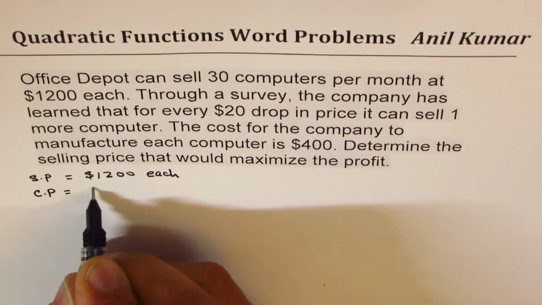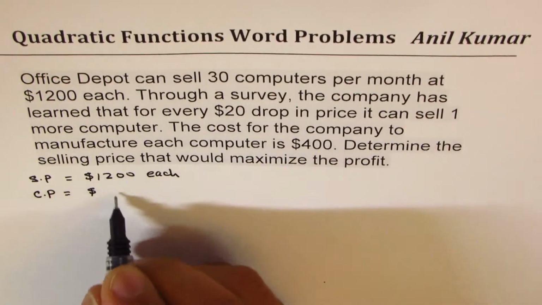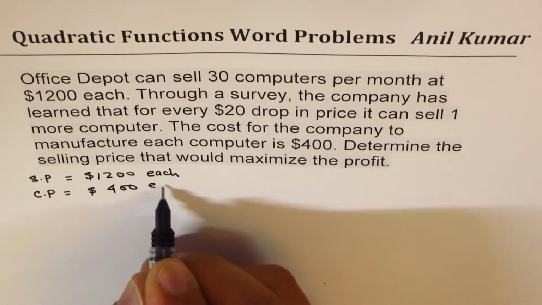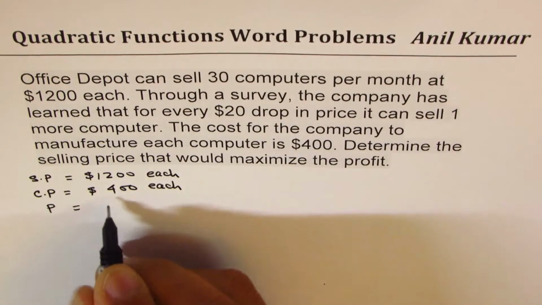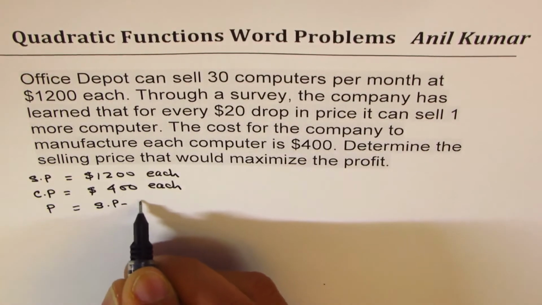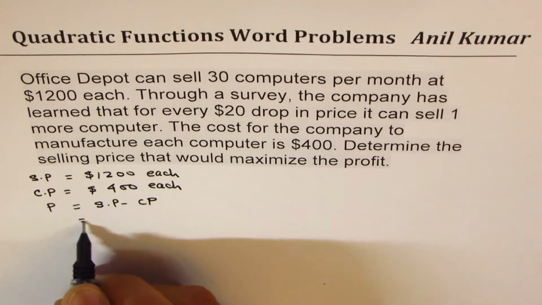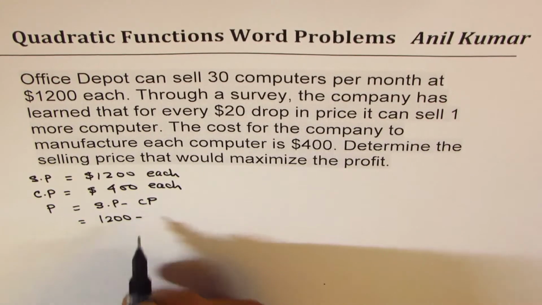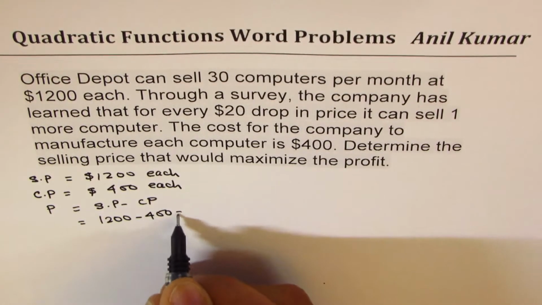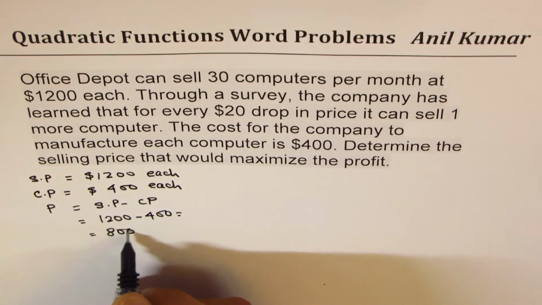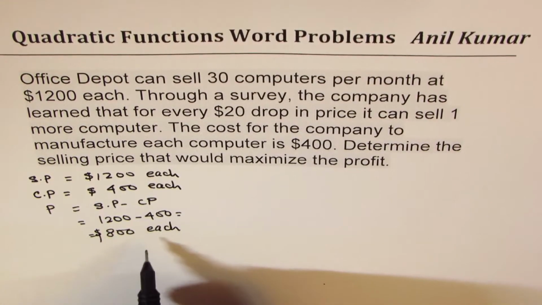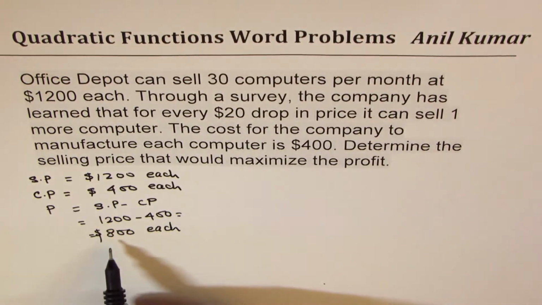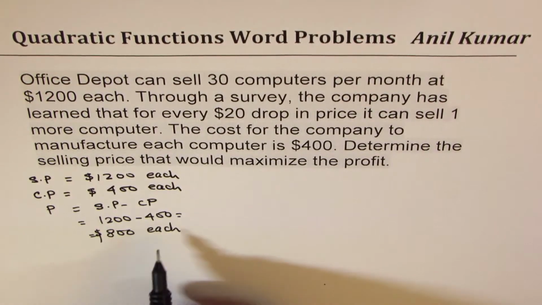And the cost price is $400 each. That means the profit P, let's say, which is selling price minus cost price, will be $1,200 minus $400, and that is equal to $800 each.